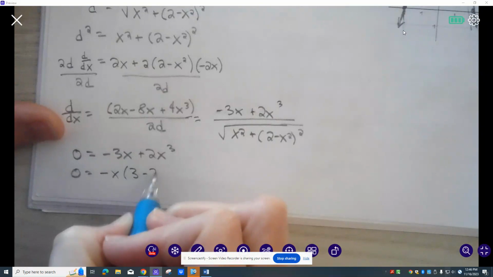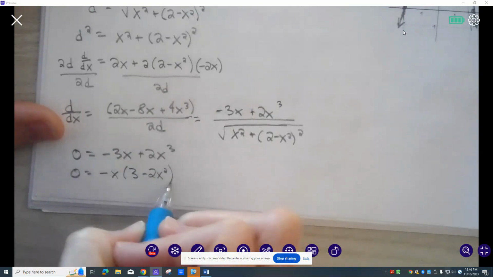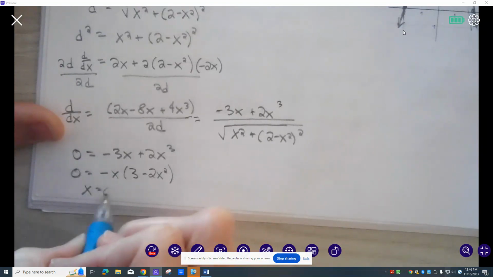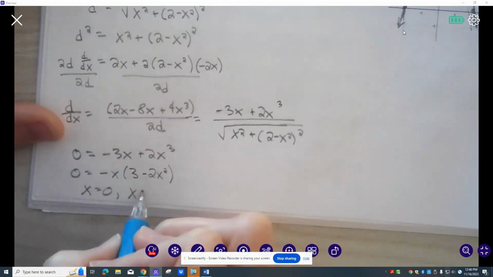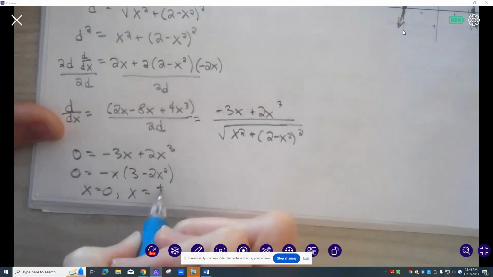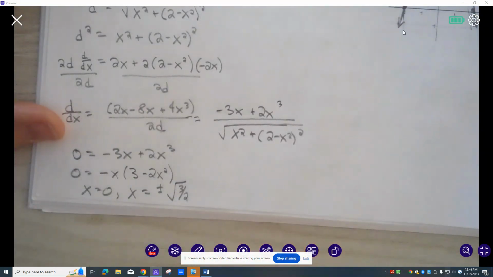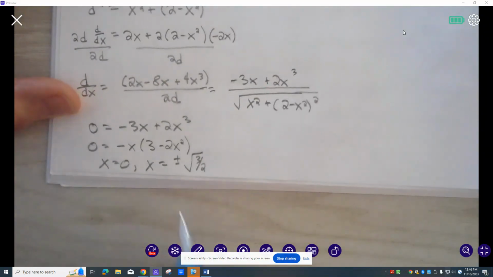So I get 3 minus 2x squared. So that's going to mean that x equals 0 or x equals plus or minus the square root of 3 over 2. So not the nicest number, but we can work with that. Again, we're going to ignore the negative.